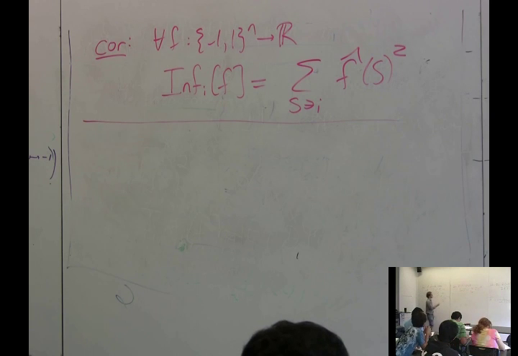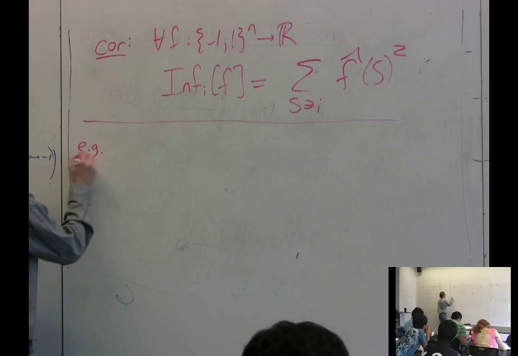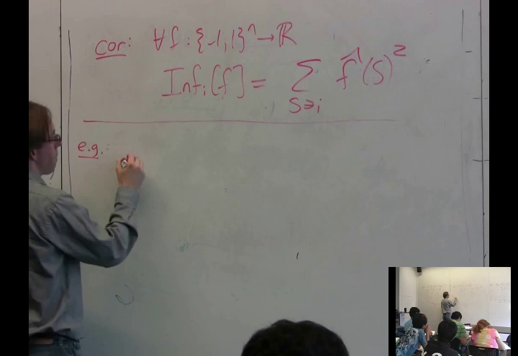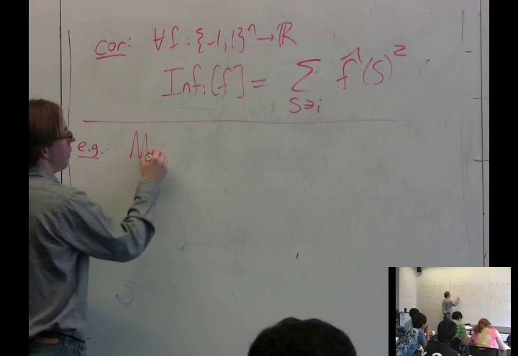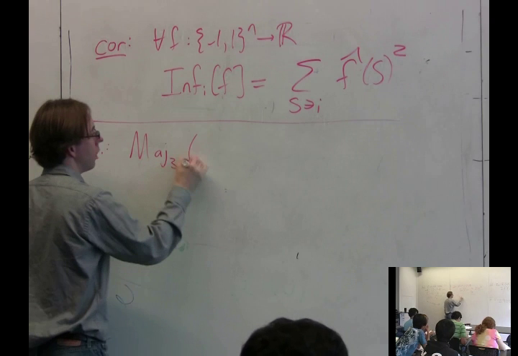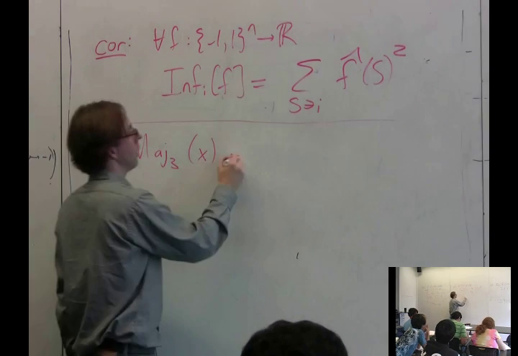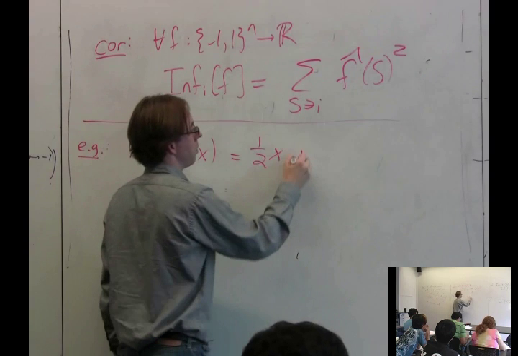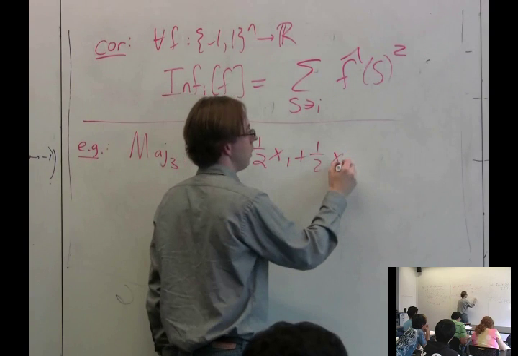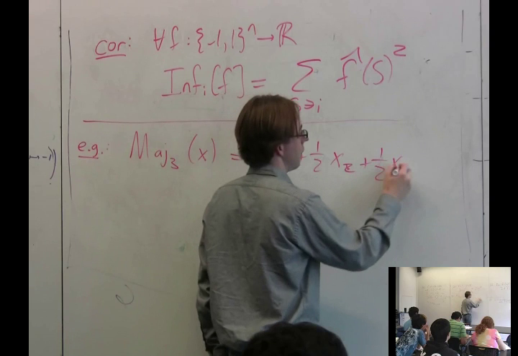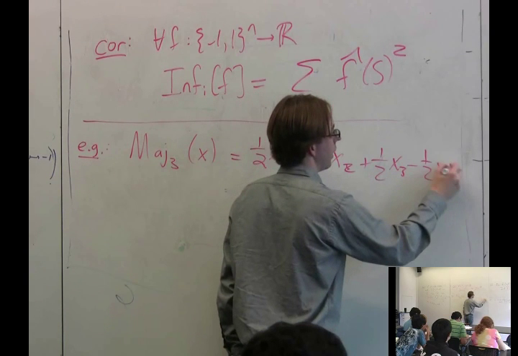OK, so for example, let's just double check. Remember from class 1, if you look at the majority on 3 bits, it had this expansion: a half x1 plus a half x2 plus a half x3 minus a half x1 x2 x3.